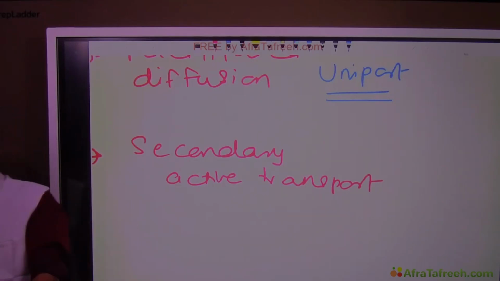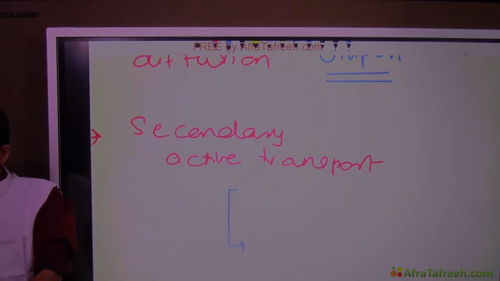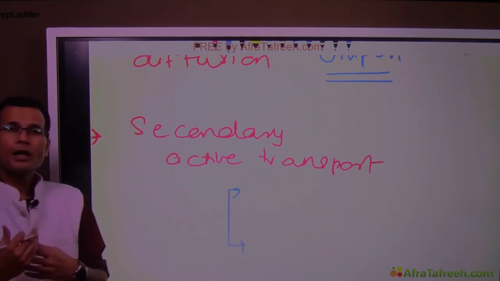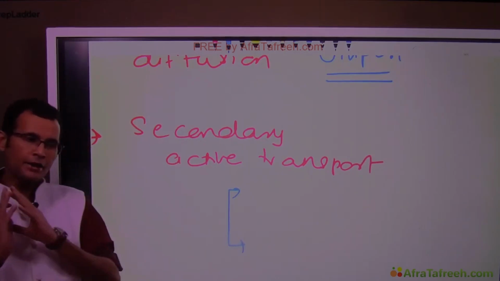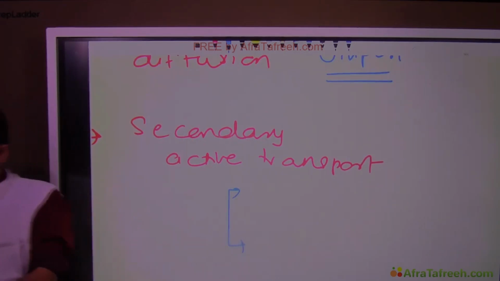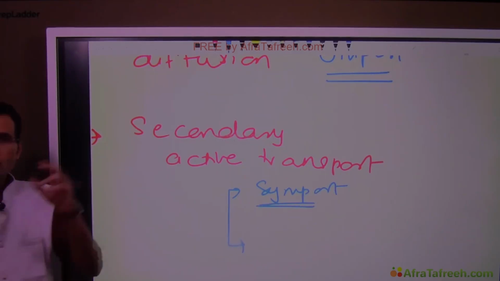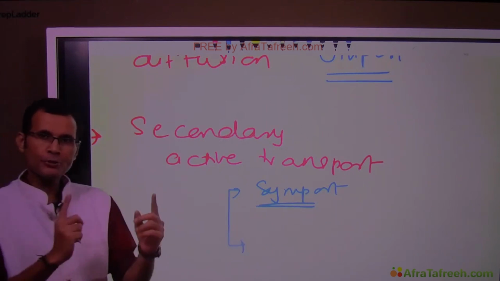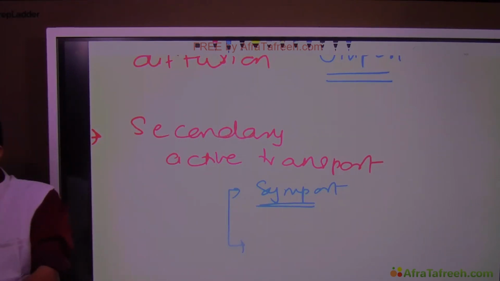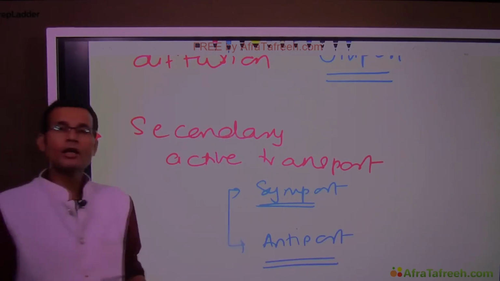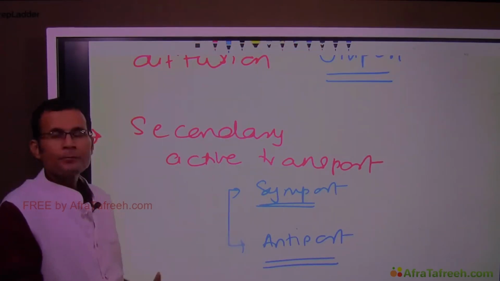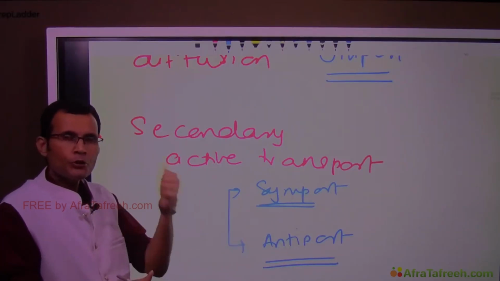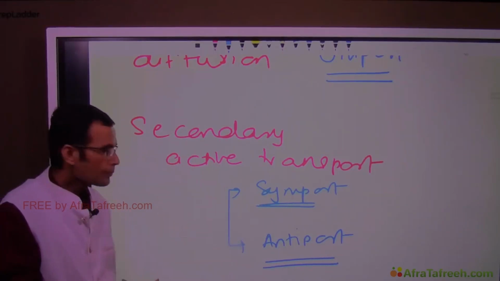When those two substances are going in the same direction, it is called symport or co-transport. And if those two substances are going opposite to each other, then it will be called antiport or counter transport. So that's the carrier mediated transport: uniport, symport, antiport.